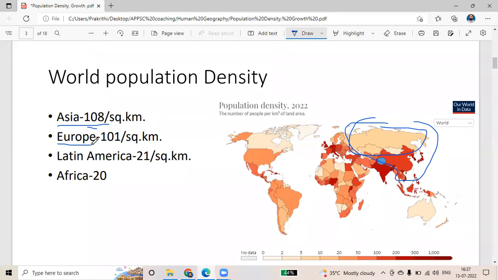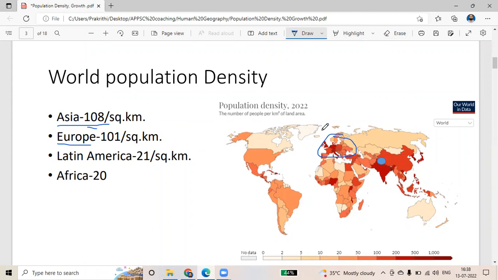But what matter is the area. If you take the area of Europe, it is only this much. इतना सा है Europe. This area is actually Europe. So इतना small continent है.